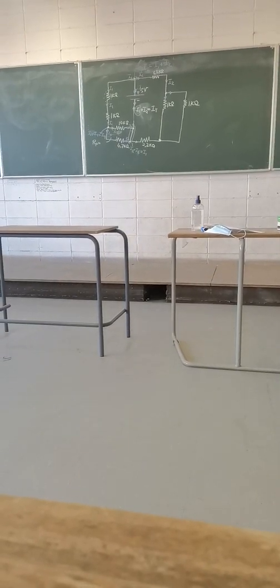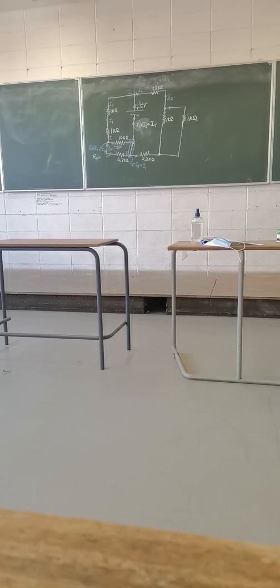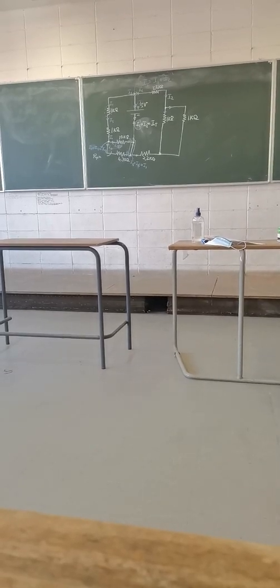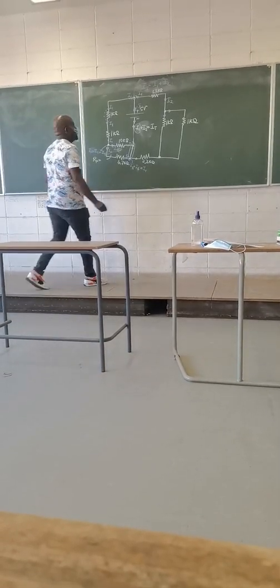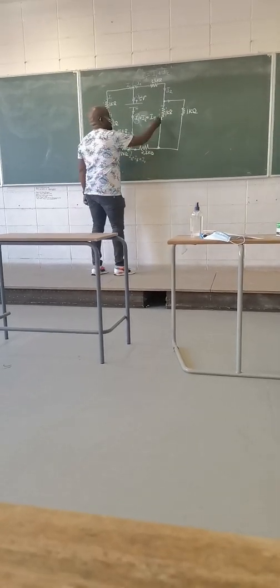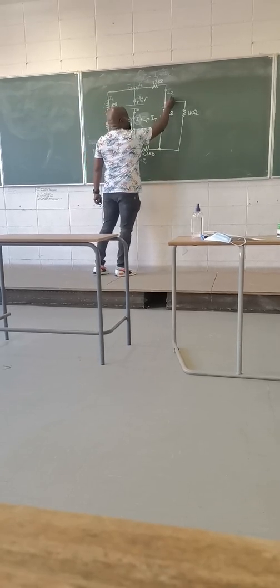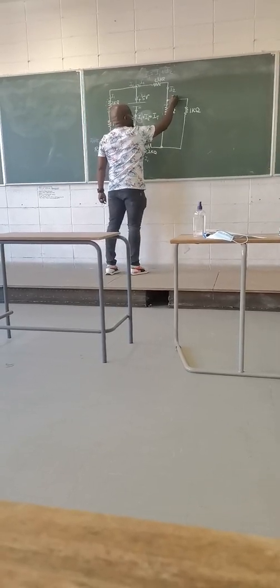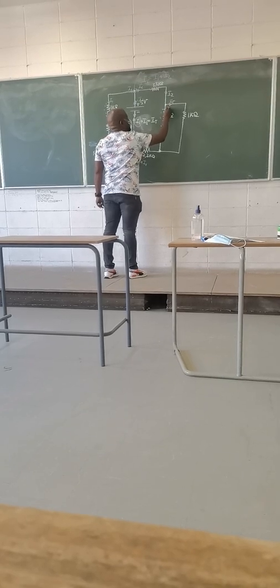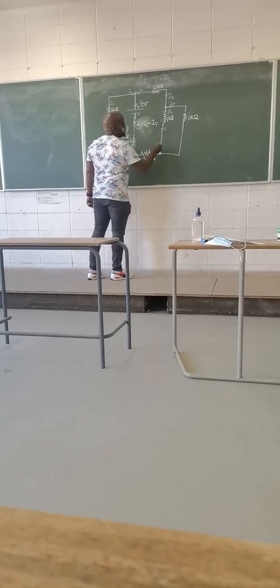Do you see? Now, this one goes through this component, and then it continues to flow there. Now, here it's going to be I5, and this one is I6. Which means here I will find what?